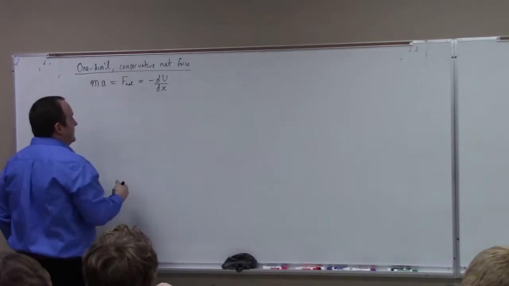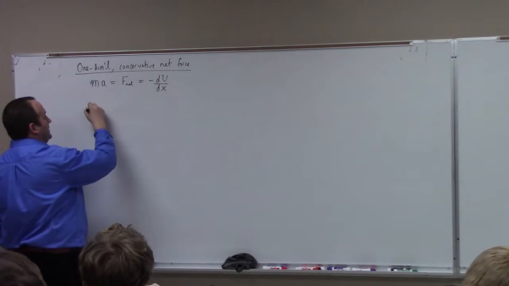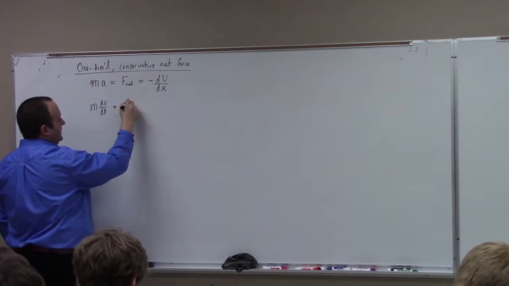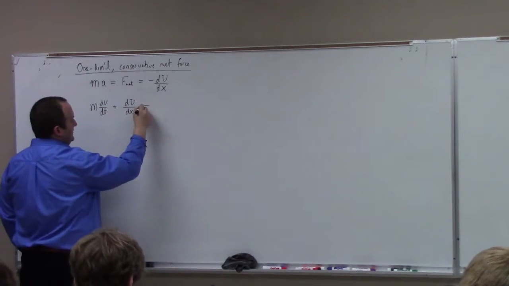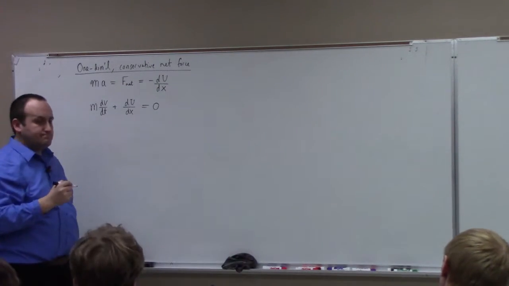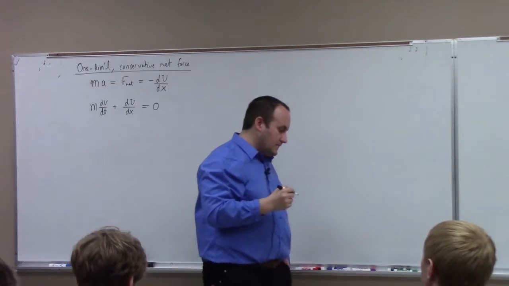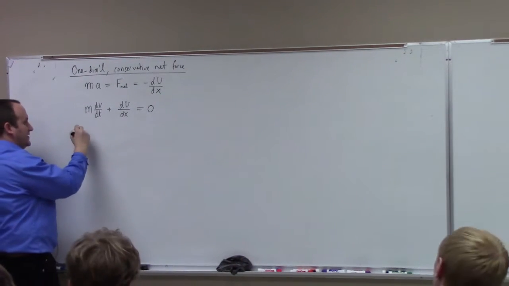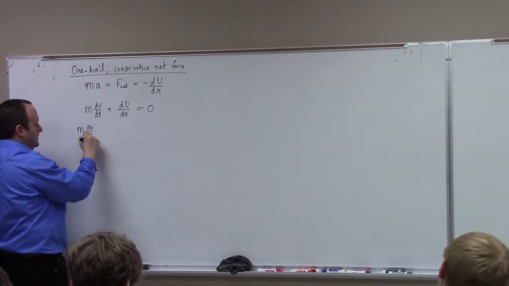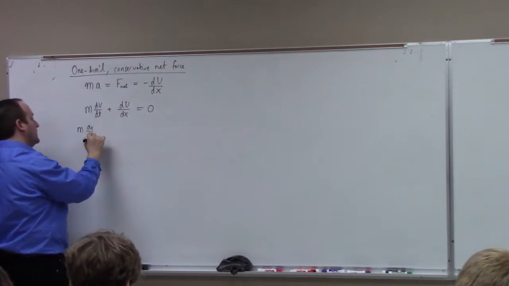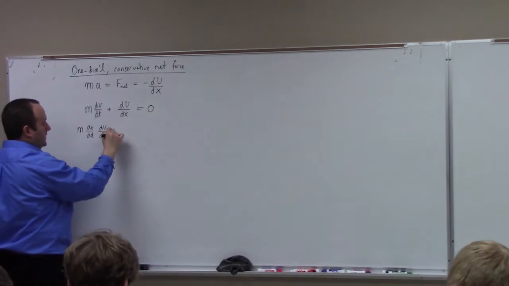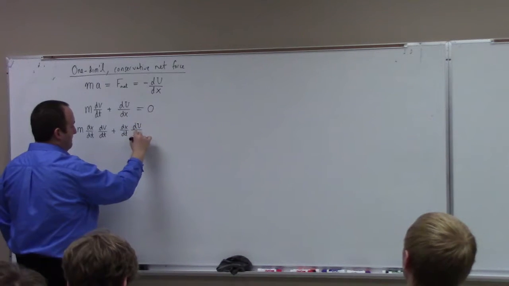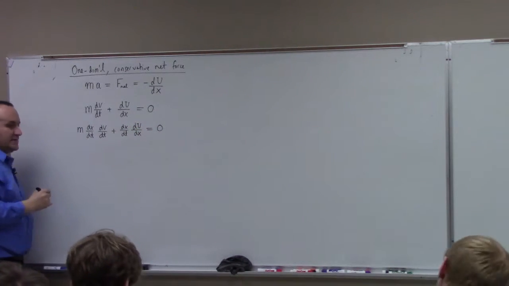Now, of course, if you look at this, this is really m dv/dt plus dU/dx equal to 0, where v is the velocity, right? And golly, you can multiply this thing by dx/dt, and then you got yourself m dx/dt dv/dt plus dx/dt dU/dx equals 0, multiplied by the velocity.